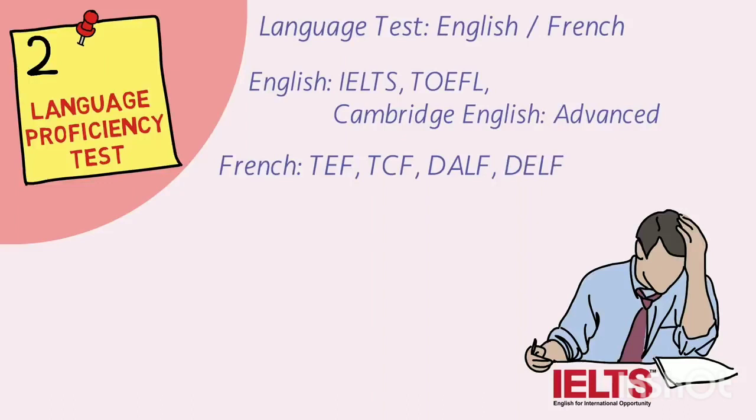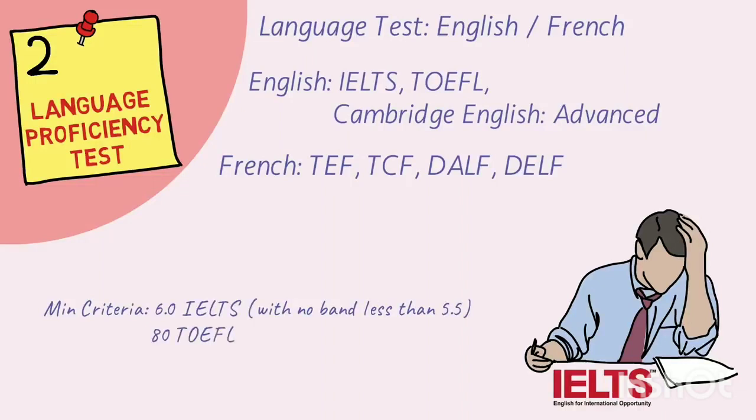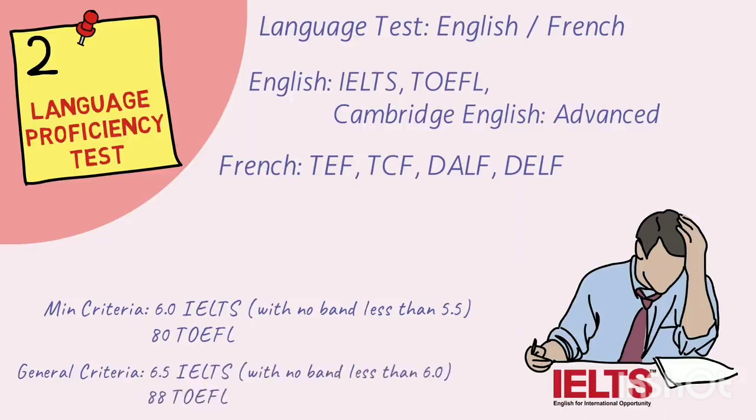Okay, now talking of the criteria, you would see that most of the colleges and universities ask for a minimum of 6 bands in IELTS with no band less than 5.5, and a TOEFL score of around 80. The general criteria is 6.5 in IELTS with no band less than 6.0. Similarly, 88 score in TOEFL.